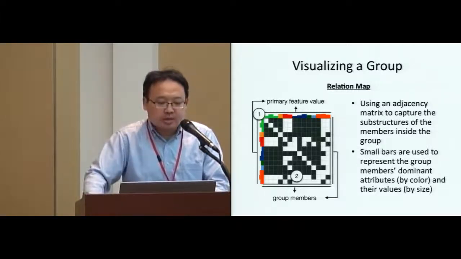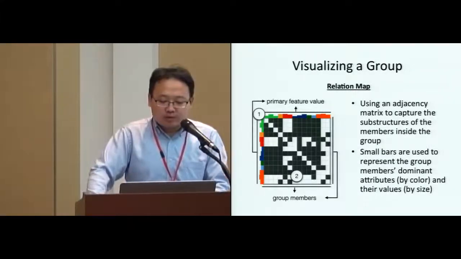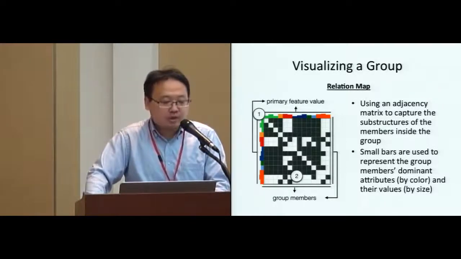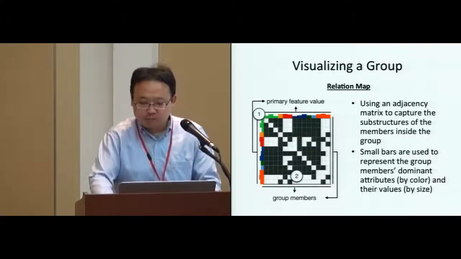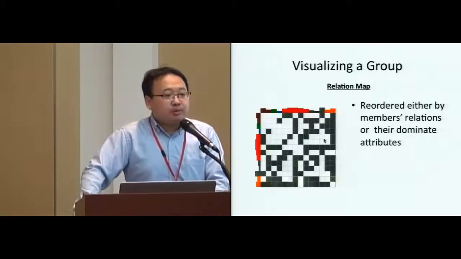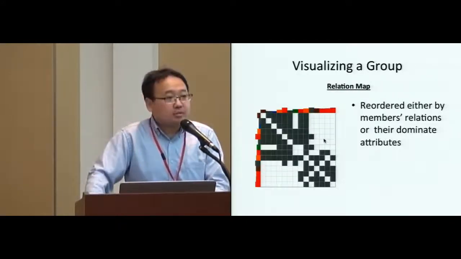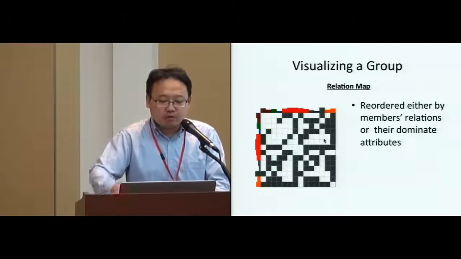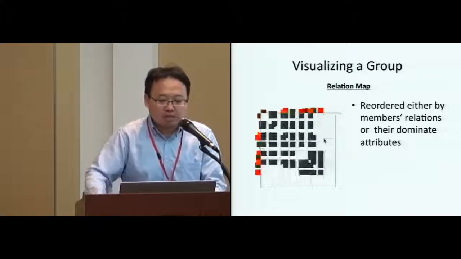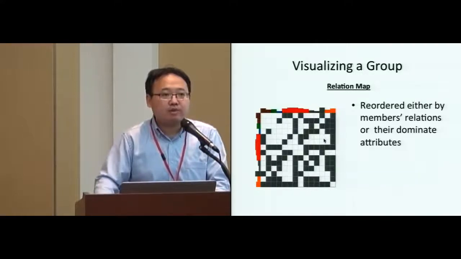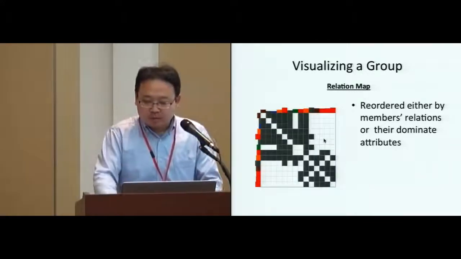And surrounding this matrix, we use bar charts to represent the group members' dominant attributes and the corresponding values. Again, this matrix can be reordered in different ways. For example, it can be reordered based on members or relationships, or it can also be reordered based on dominant attributes. So different reordering methods will sometimes show different visual patterns.